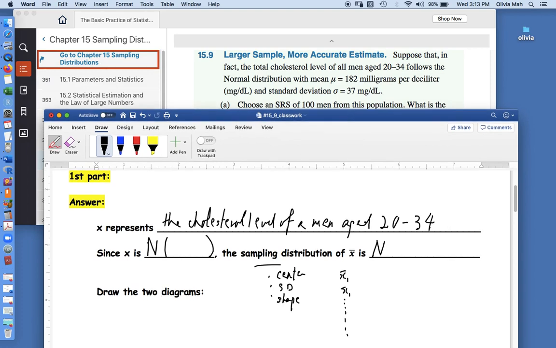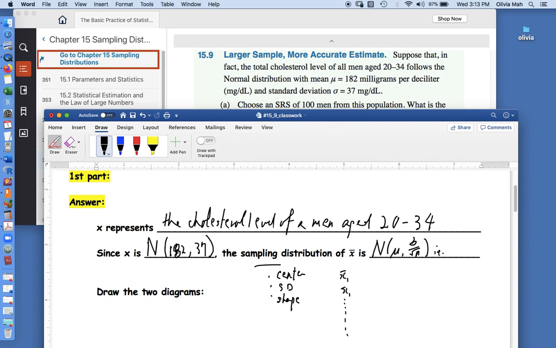The mean of X is 182, and the standard deviation of X is 37. When it comes to the distribution of the sample mean, what is the center of all these sample means? From one of our mathematical facts, it is mu. And the standard deviation of all these sample means is sigma divided by the square root of n.